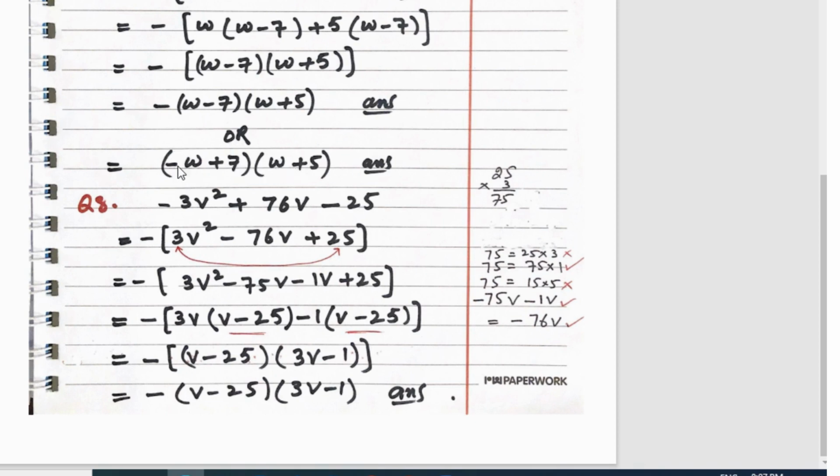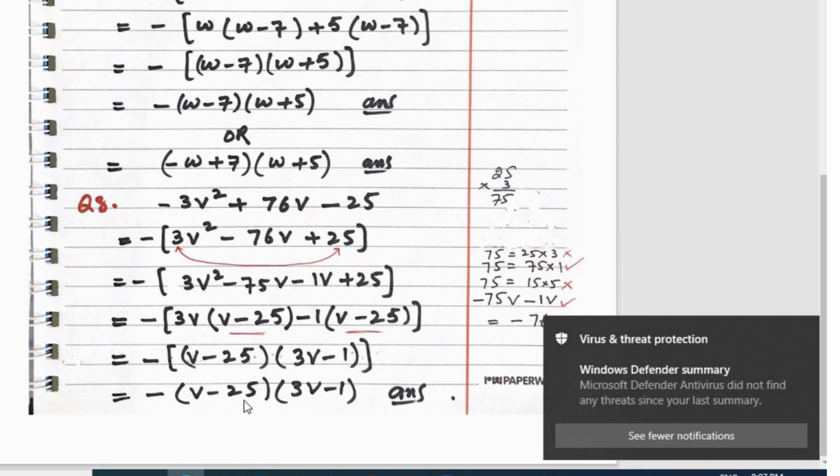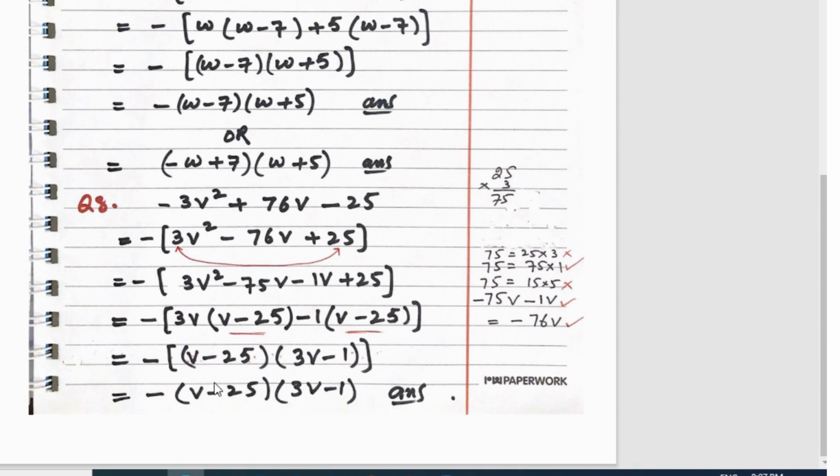This is not an answer which is appreciated in the books. So you won't do it. You will just write the minus outside along with these brackets. Okay. This is the answer of question number 8.